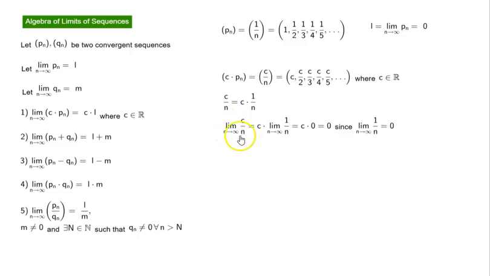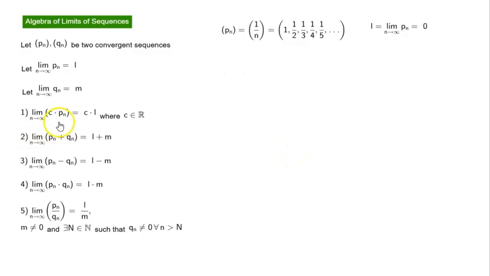So limit as n goes to infinity of C by n is equal to C times the limit as n goes to infinity of 1 by n, because C is a constant. This is equal to C times 0, because the limit of 1 by n is 0, which is equal to 0. So we have limit as n goes to infinity of C times P sub n is equal to C times L.